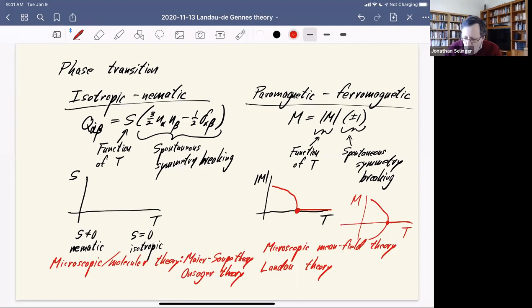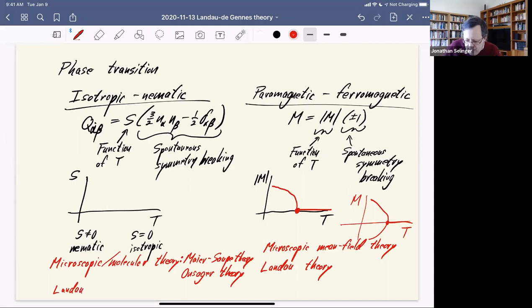Or, as an alternative, we could do a more macroscopic theory, just in terms of symmetry and order parameters. And that is a variety of Landau theory.